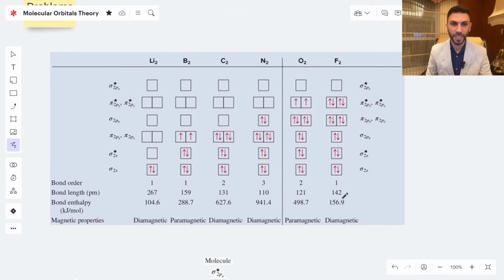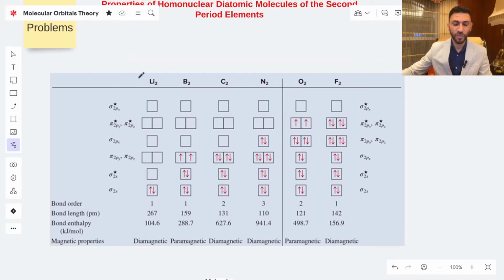All right, now let's check, for example, Li2. In Li, we have 3 electrons. That means we have 1s2 and 2s1. The valence electron is 1 electron in the outer shell. We have 2 atoms.